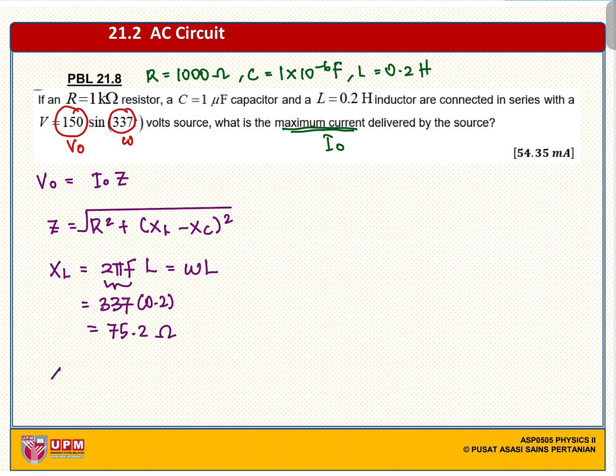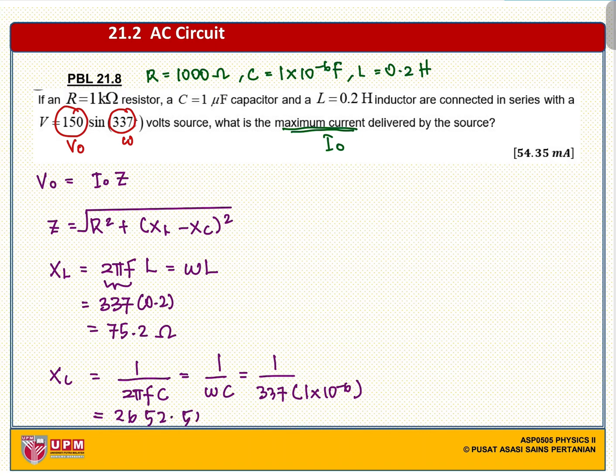ohm. For X_C, the equation is 1 over 2 pi f C or 1 over omega C. So this one is 1 over 377 times 1 times 10 to the power negative 6. You will get your X_C as 2652.52.